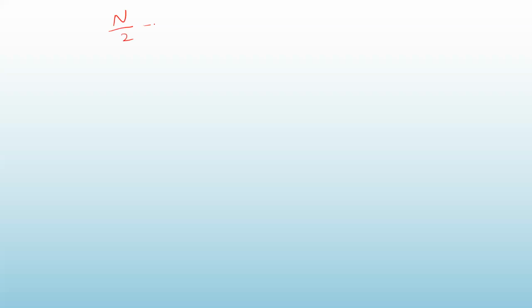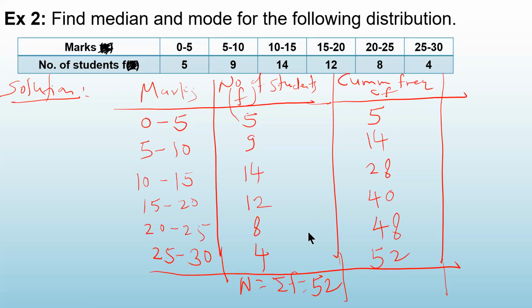N is 52. 52 upon 2, so how much? 26. Correct? Look at here. The value of N is 52. So N upon 2, that is 26. So we have done the third step.